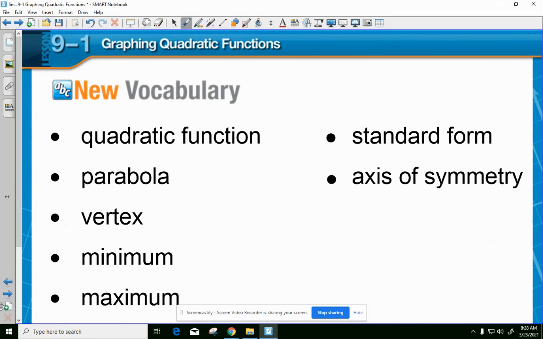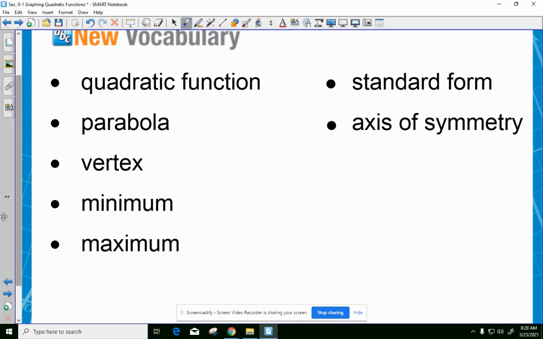All right. So, some words we could run across today. Is there anything you see on that list that you do not know? Yes, ma'am. The first one. So, a quadratic function would be anything that's of the form y equals ax squared plus bx plus c.